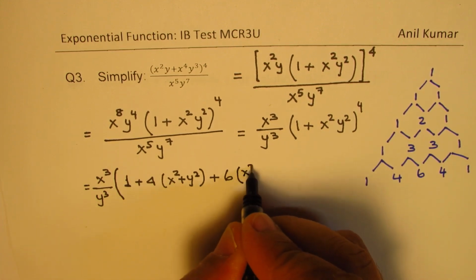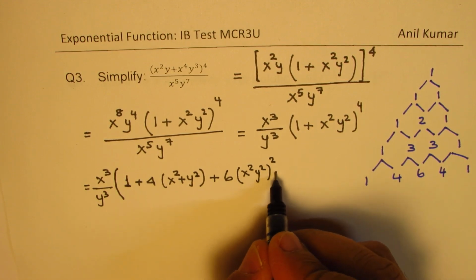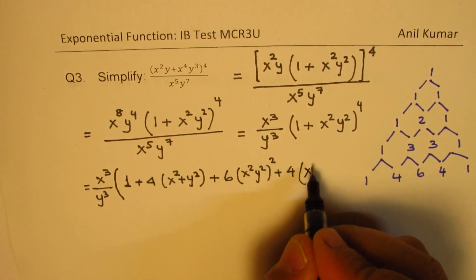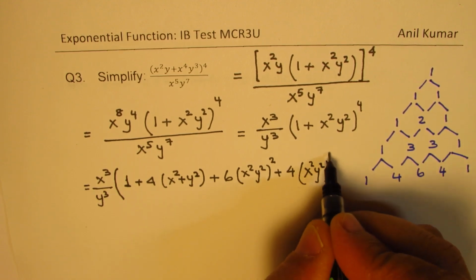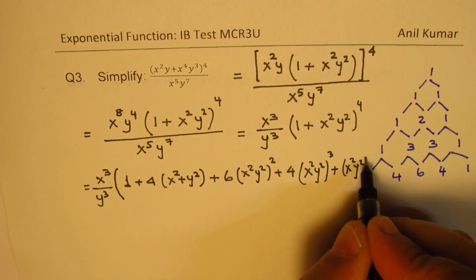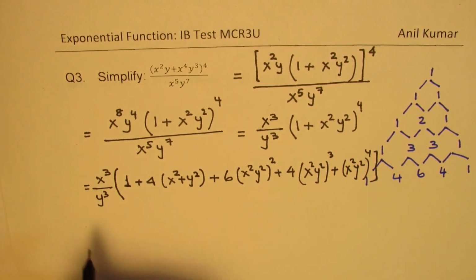So that is to say x squared y squared whole squared, plus 4 times this to the power of 3, x squared y squared cubed, plus x squared y squared to the power of 4, correct? So these are the 5 terms which you get.